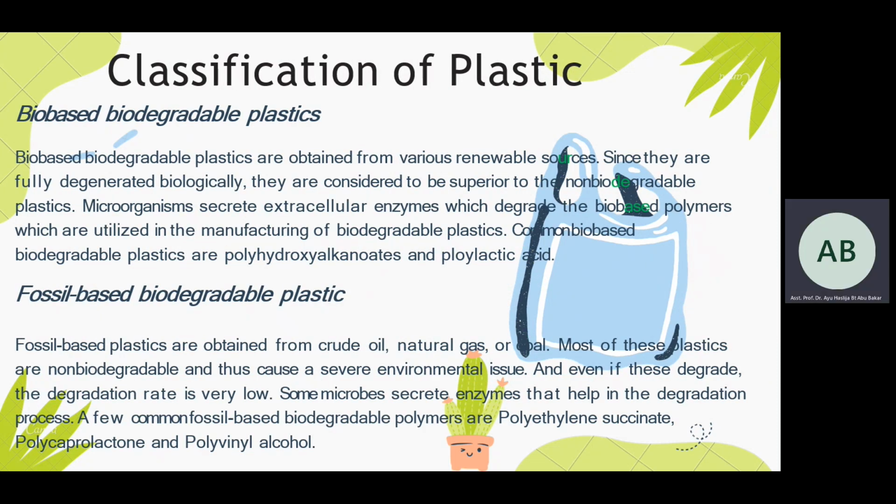Okay, apart from that, we have another type of biodegradable plastic. We have bio-based and fossil-based. Bio-based is basically from various renewable sources like biomass waste, whereas the fossil-based comes from crude oil, natural gas, or coal.